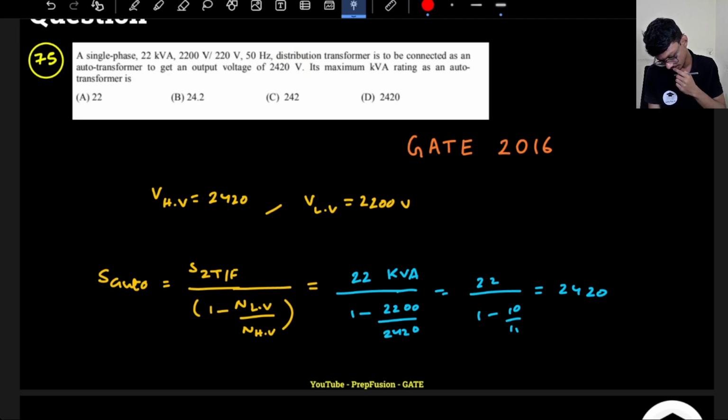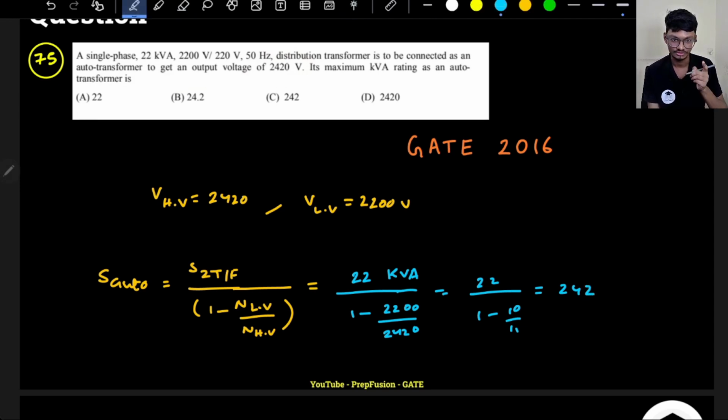What can be its input voltage? So this will be 1 by 11 into 22, so sorry, this will be 242, not 240, 242. So 242 will be the correct answer here. Option C will be the correct answer for this question.